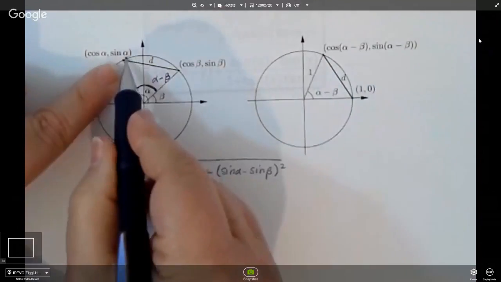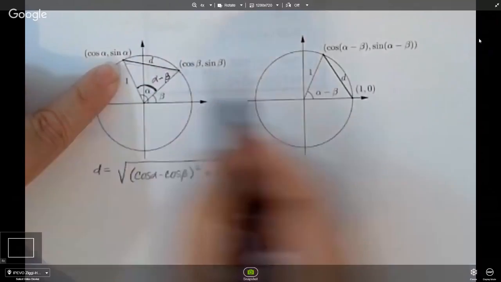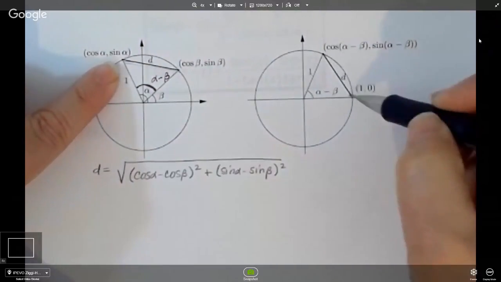And since this distance is D, this distance is also D.